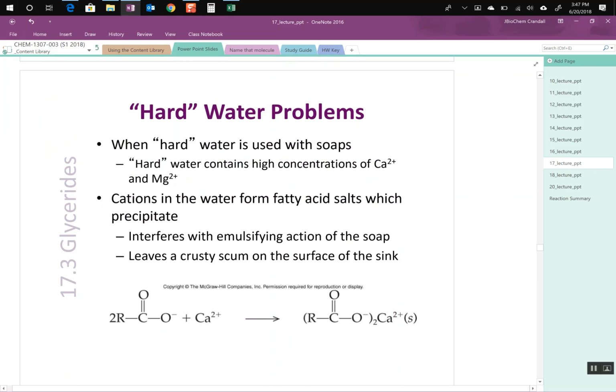Okay, so living in San Antonio, this is a common problem, hard water, right? You guys have heard of hard water, right? So hard water, when you use it with soap, your soap molecule is an anion, and your hard water has these cations in it that can interact with that.